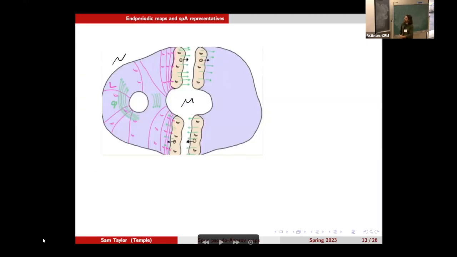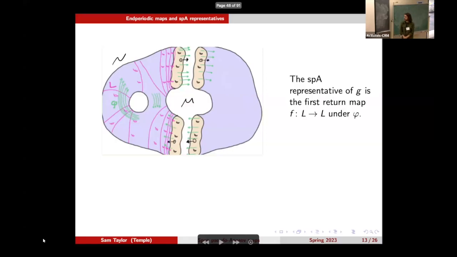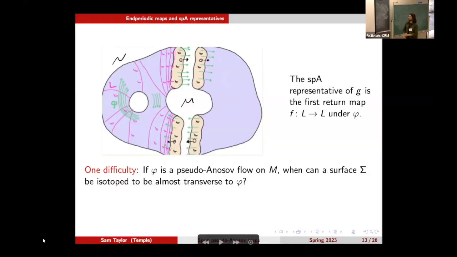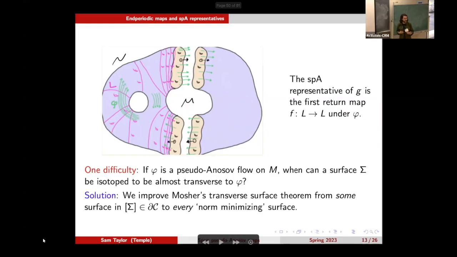This is me drawing a picture of completing the manifold N by gluing it to something else that produces a closed manifold with a pseudo-Anosov flow. One of the main difficulties of the proof is an improvement of Mosher's transverse surface theorem, to say when surfaces are transverse to the flow. Then there's a particular construction.